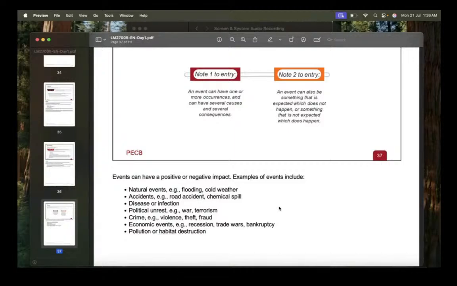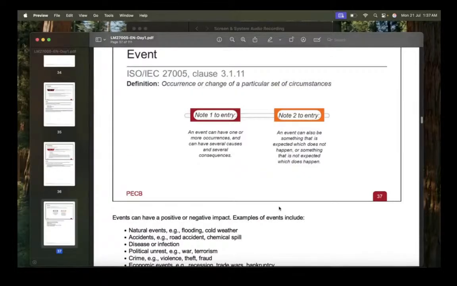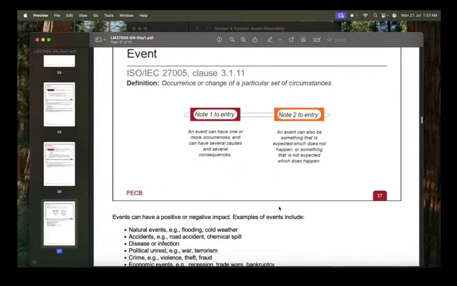One which has one or more occurrences and several causes and consequences, and the other one which is not expected to happen, and when that happens, that is the second point. So these are some important definitions that will help you for this course.